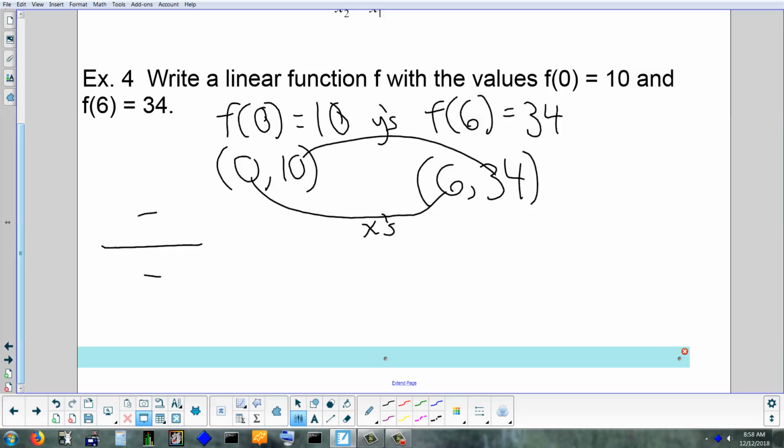We'll do this one first, this one second, this one first, this one second. What goes on the top, the x's or the y's? The y's, because the y's are your rise. It's rise over run. Y's on the top, x's on the bottom. What two numbers am I going to put on the top? 34 minus 10.